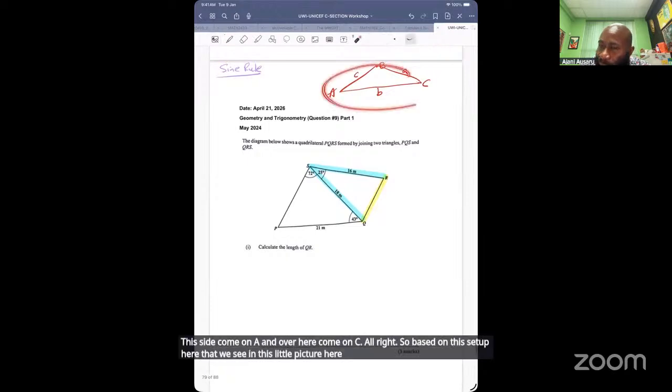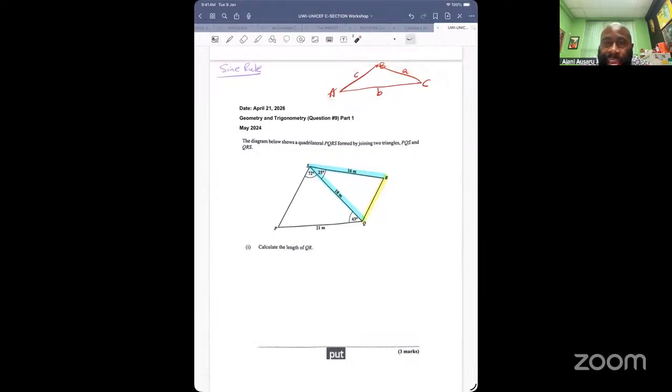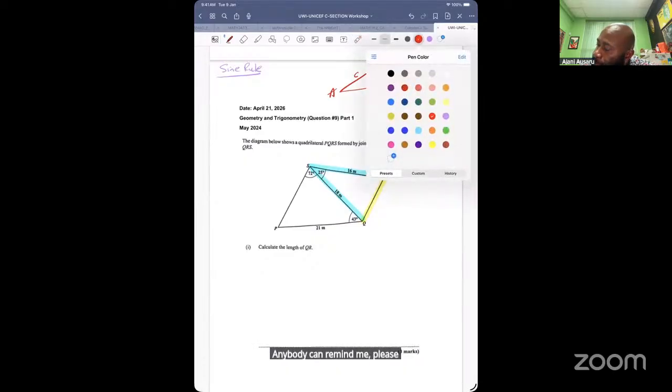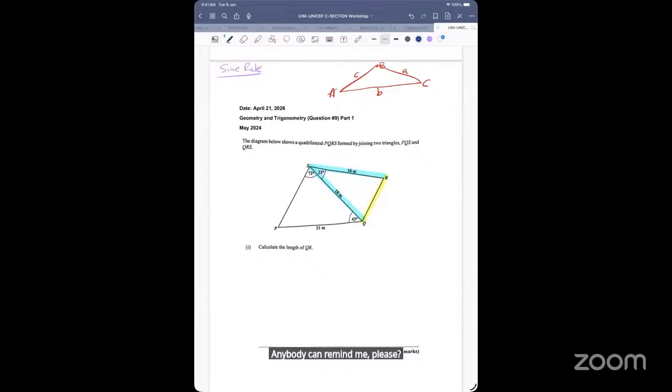Based on this setup in this little picture I have put here in the corner, what does the sine rule say? Anybody can remind me, please? Side a over sine of angle A equals b over sine B. Beautiful.